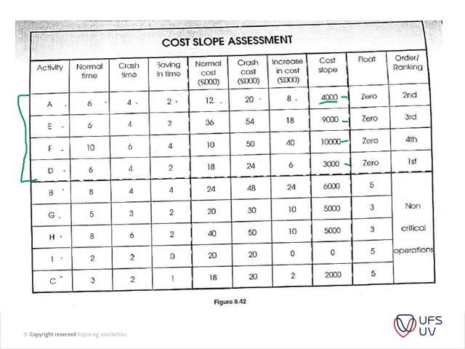Okay, so D has the lowest cost slope, with A having the second lowest, then E the third lowest, and then F the fourth. Okay, so basically it doesn't necessarily work like this.